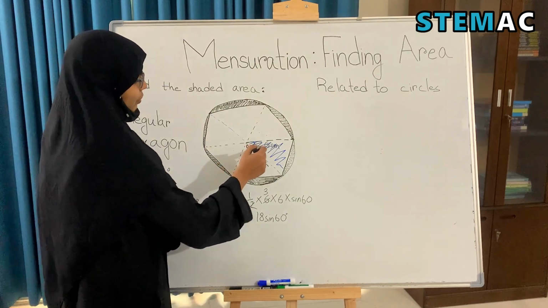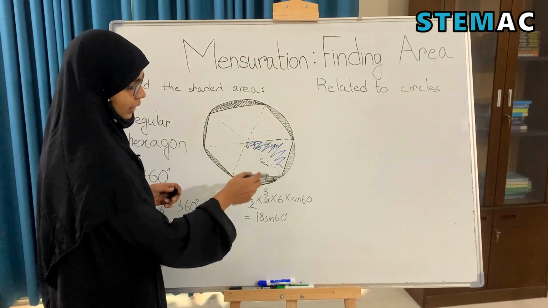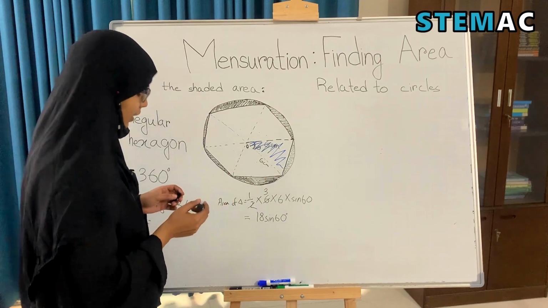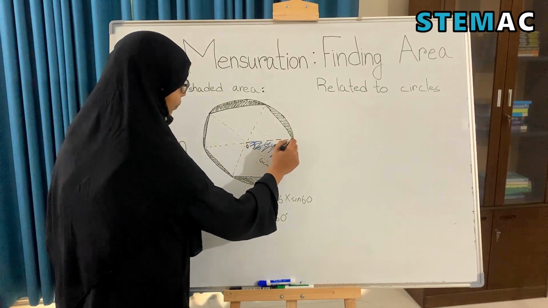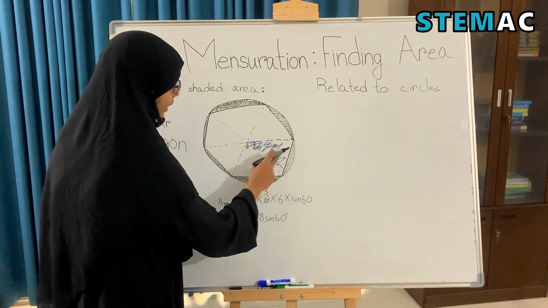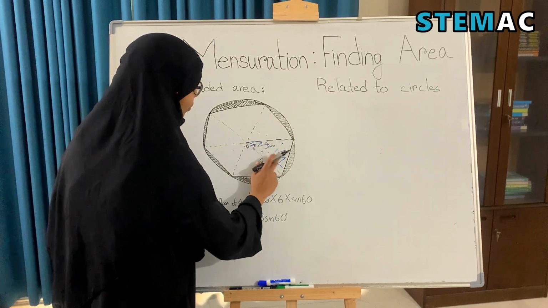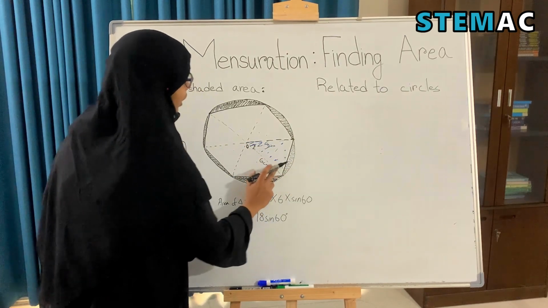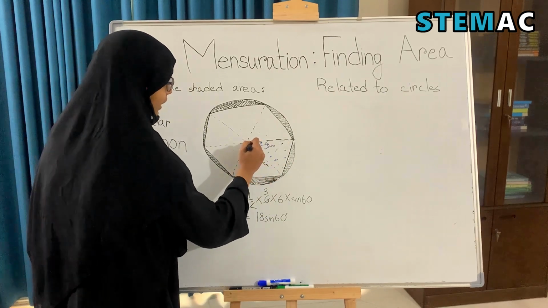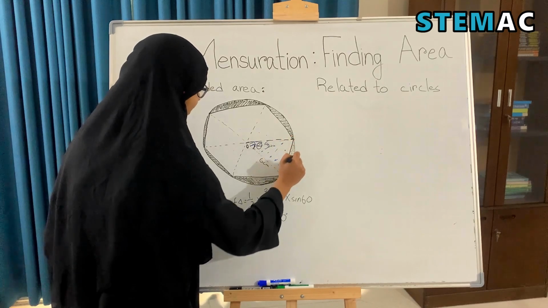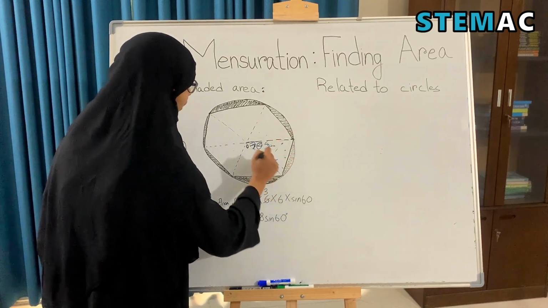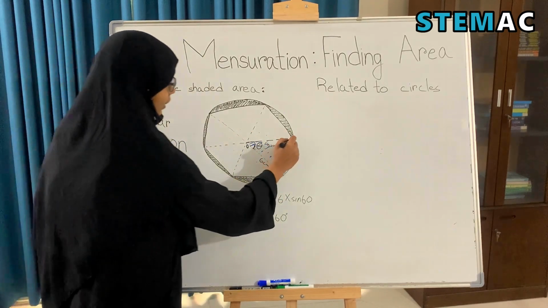The reason we find the area of the triangle to find the shaded area is because if we remove the triangle from this sector area, we would get this.